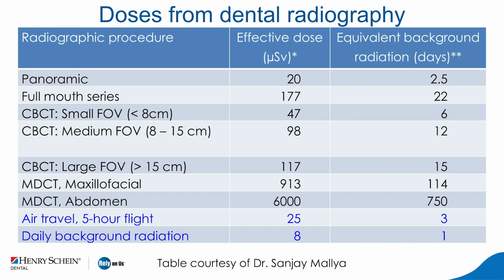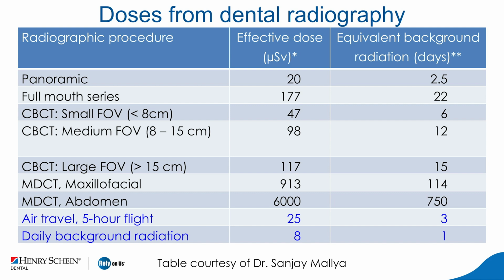Or you can add, there is some units or pieces that you can add on your cones that will make it rectangular. But if you are taking full mouth series without, you are exposing the patient up to 177 microsievert, which is a big dose when compared to small field of view CBCT, for example. It's almost like 4 times more radiation.